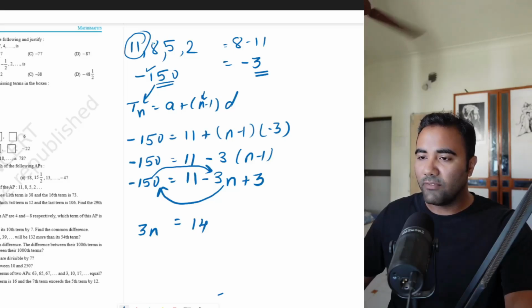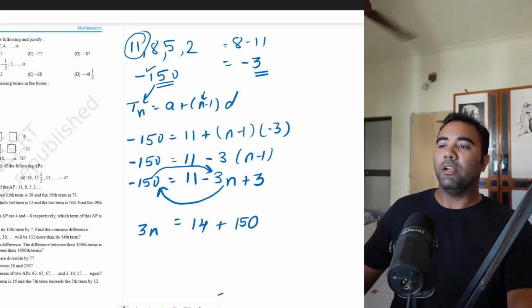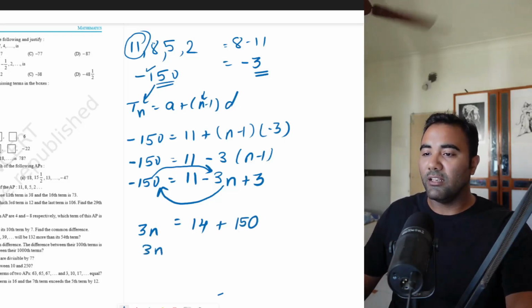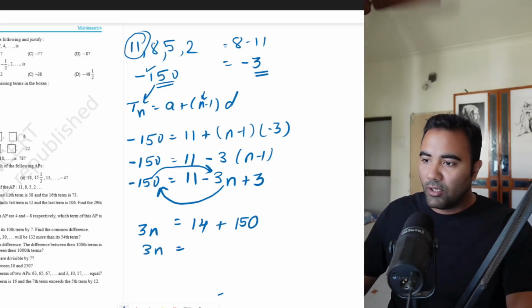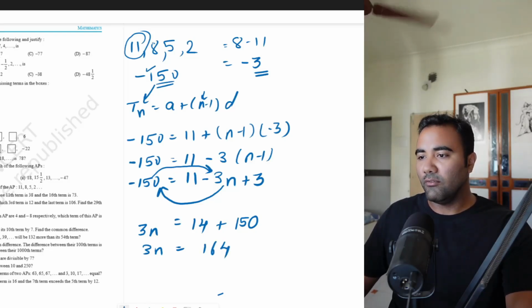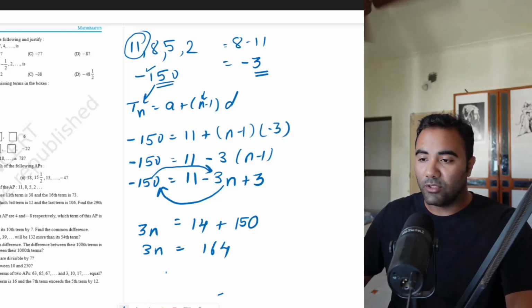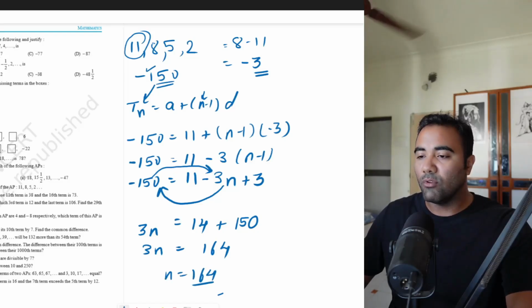And minus 150, when it comes over this side, it becomes positive. That is 150 plus 14, so 3n is equal to 164, right? n is equal to 164 upon 3.